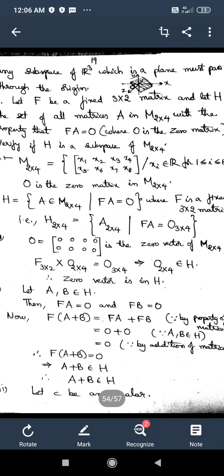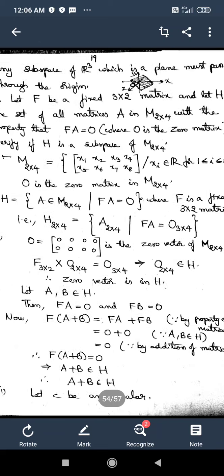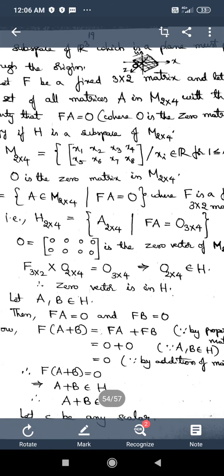Now as A belongs to M2 by 4, A will be a matrix of order 2 by 4. So the set H consists of all 2 by 4 matrices such that FA is equal to O of order 3 by 4.